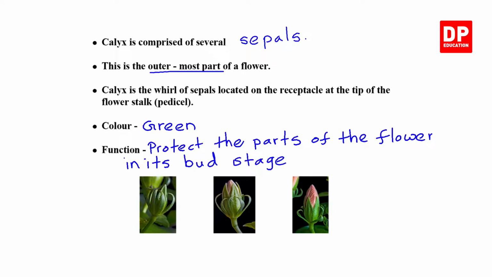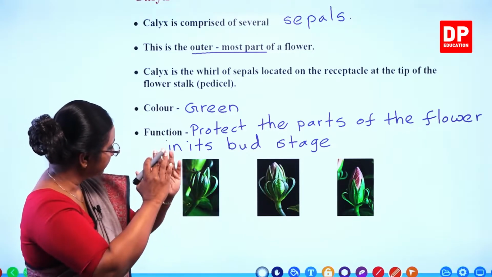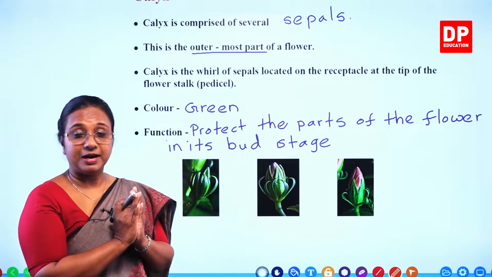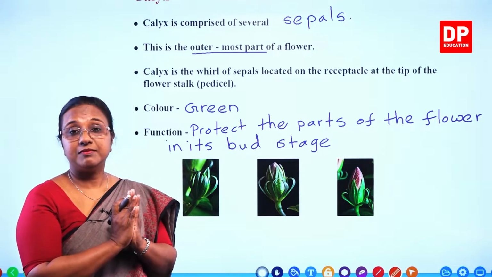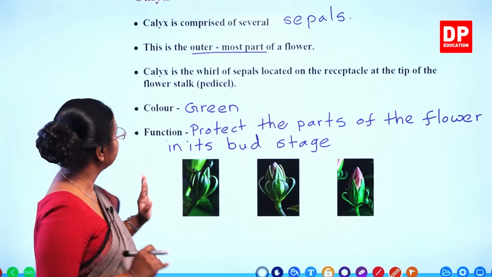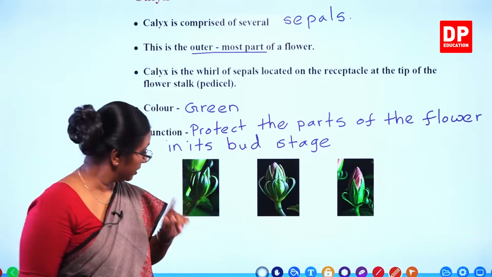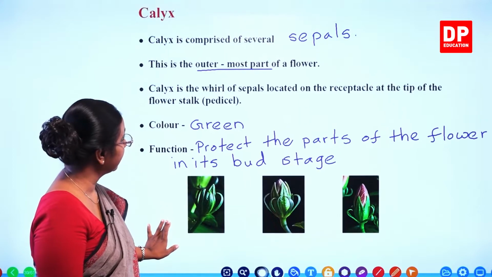So here you can see when it is the bud, the sepals completely cover the flower parts. So there it provides protection. That is the function of calyx. So I am sure you all can understand that.